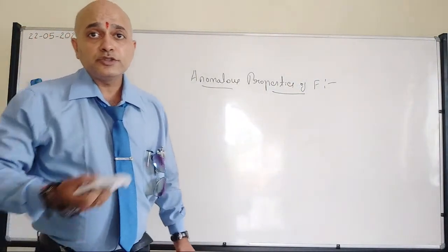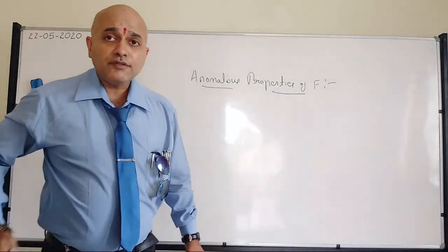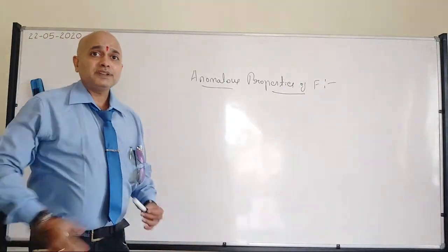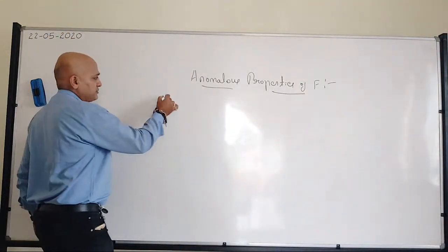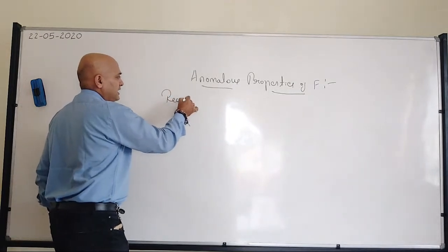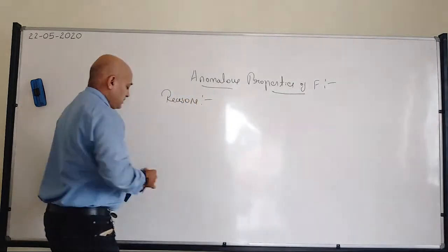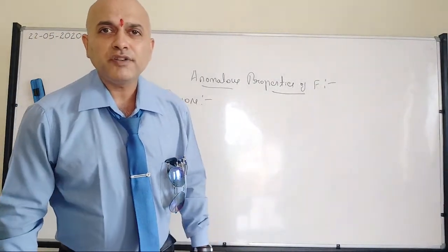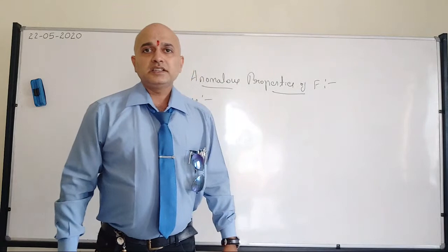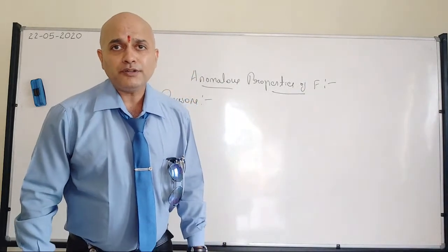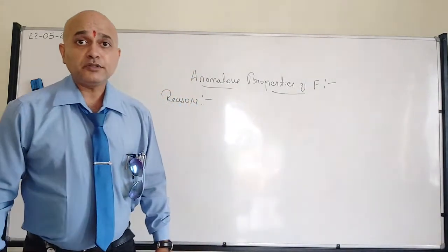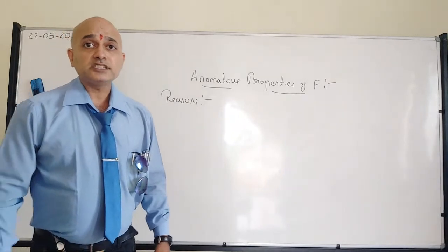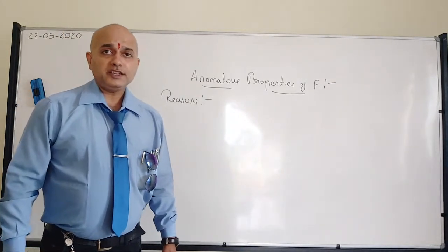Now, when it comes to anomalous properties of fluorine, this concept can be divided into two as usual. First one will be reasons. Right? So it's a repetition of whatever we have done for oxygen and all, same thing. So what is the first point you are going to write here with respect to reasons?